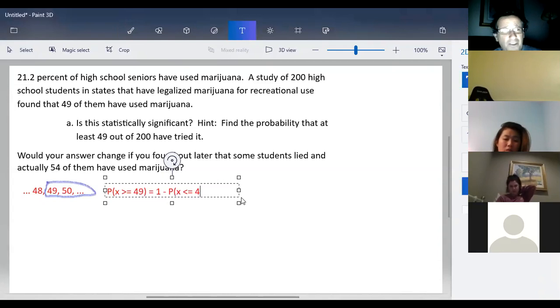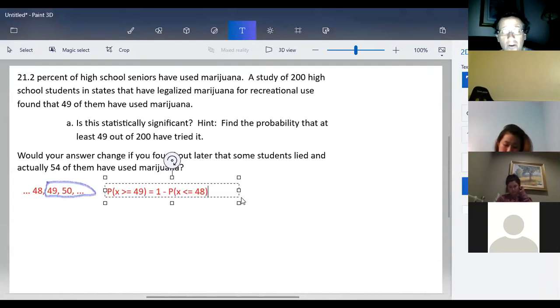Okay. If you do 49, then you're including 49, but we don't want to because 49 is in the circle. So 48. Yeah. That might be what you said, but I might not have heard it. Sometimes the computer's not perfect. Any questions on that? Is that clear so far?